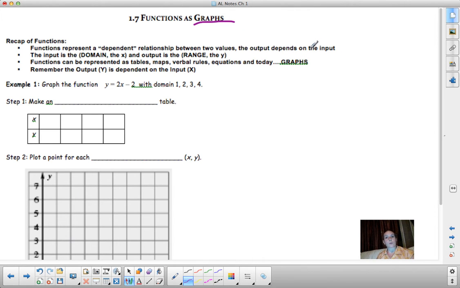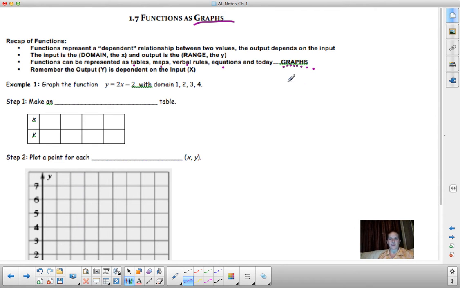Or we saw in our story problems that the range is a function of the domain. The next one just says that. The input is the domain, or the x, and the output is the range, or the y.